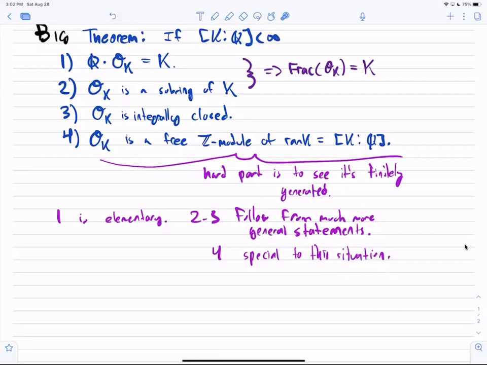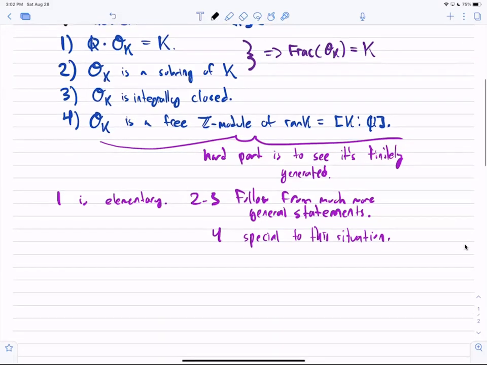But these other ideas end up being fruitful. It turns out the method you use to see part 4 is also one of the methods you can use to actually compute rings of integers. So we'll introduce some number attached to a field extension called the discriminant that is related to this proof. Okay, so that's where we're going.